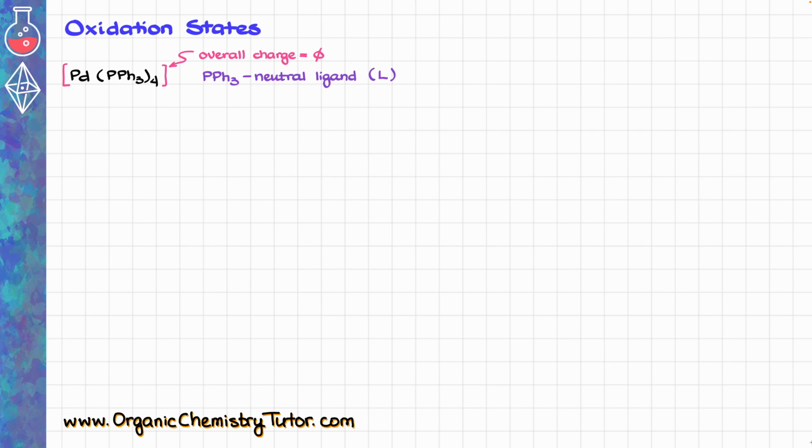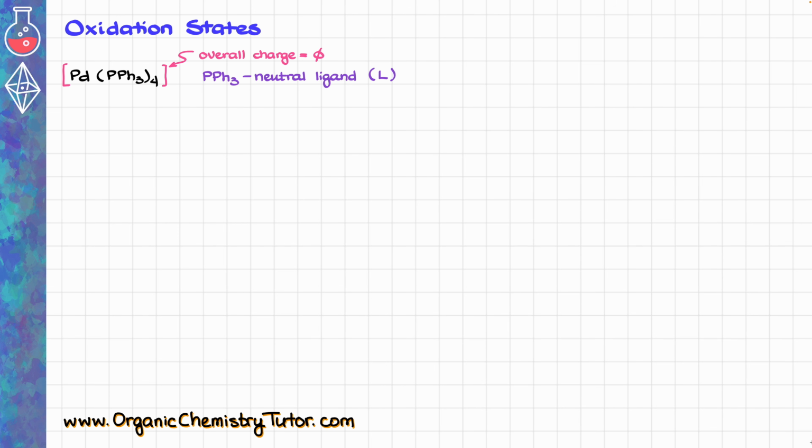Next, we are going to look at our ligands and classify them as neutral or charged. So when I was going through the ligand classifications before, I did that on purpose. You simply will not be able to calculate your oxidation states without being able to classify your ligands first. It's all connected.